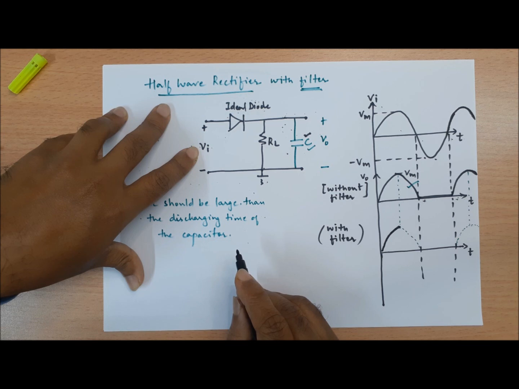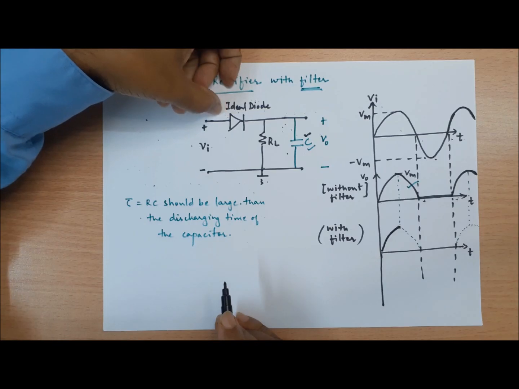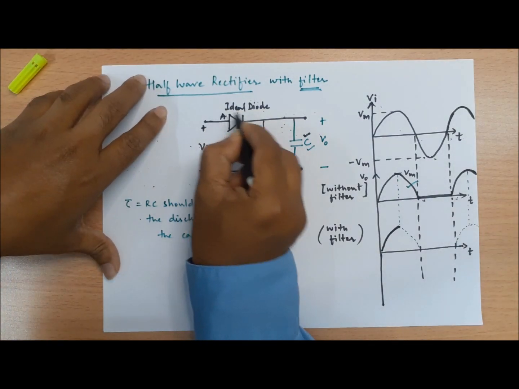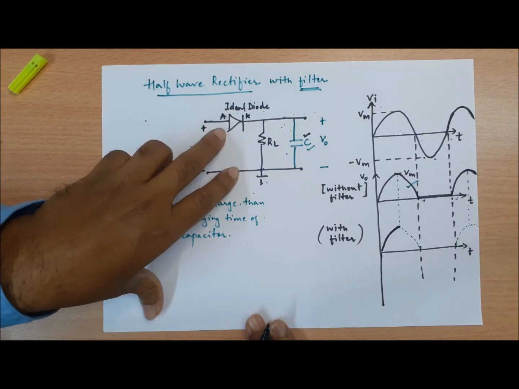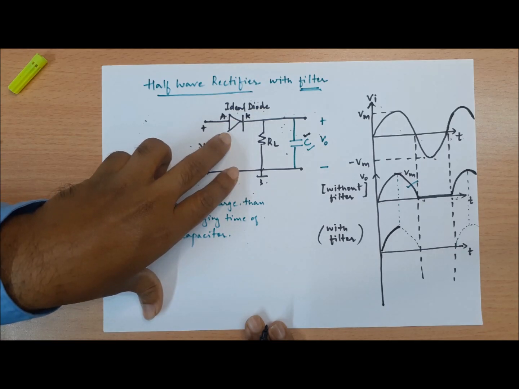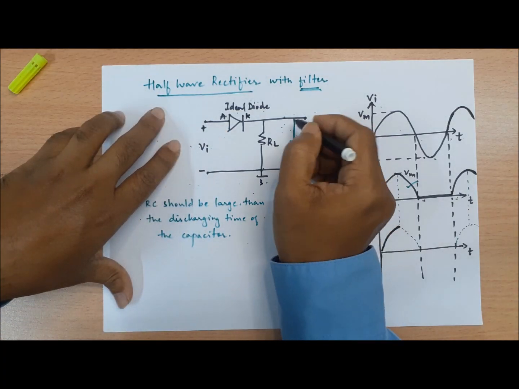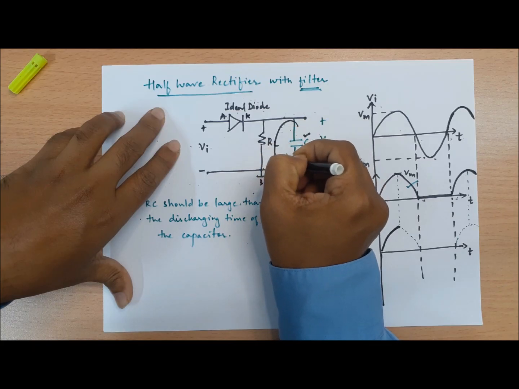After that, the voltage at the anode as well as the cathode will be equal, which means the voltage appearing between these two terminals will be the same, due to which the diode will be reverse biased. When it is reverse biased, the capacitor charge starts discharging in this direction.